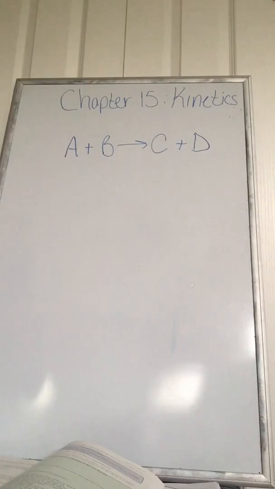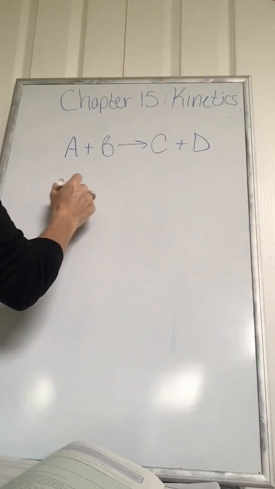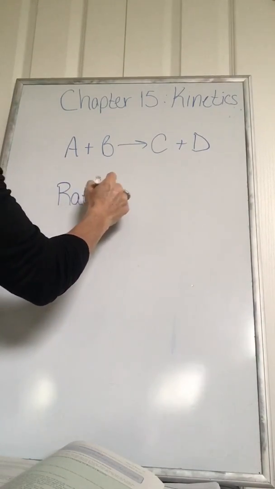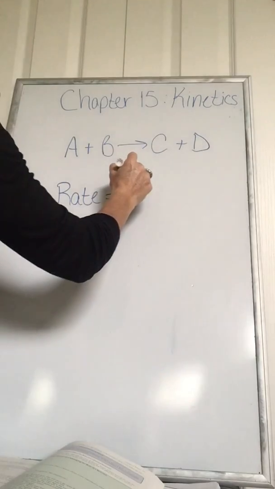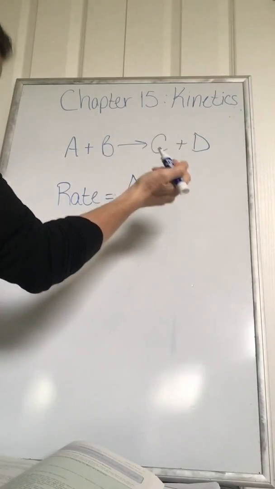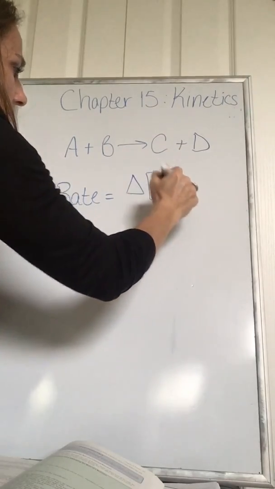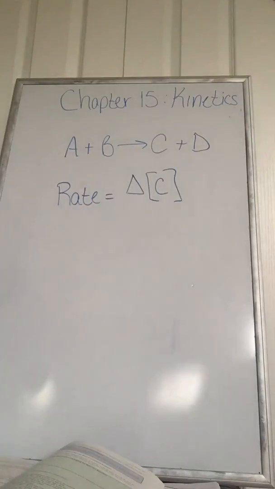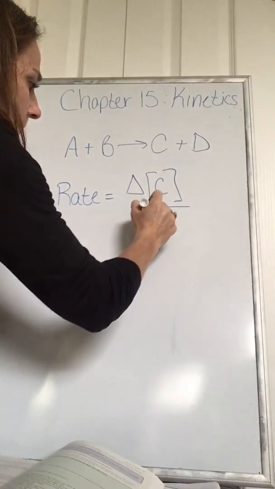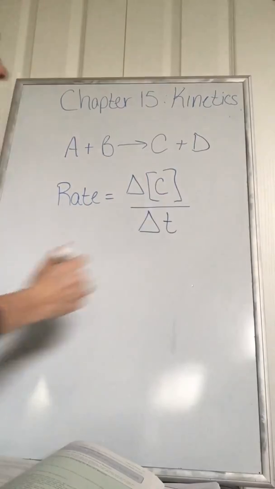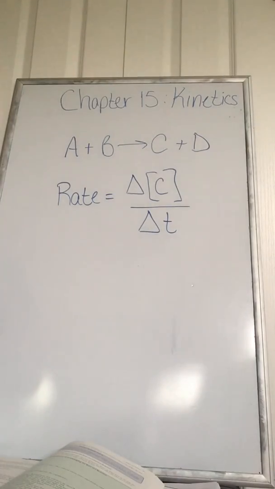With this, the rate equals delta, which is the change, in concentration. When you use the square brackets, that denotes concentration, over the change in time.